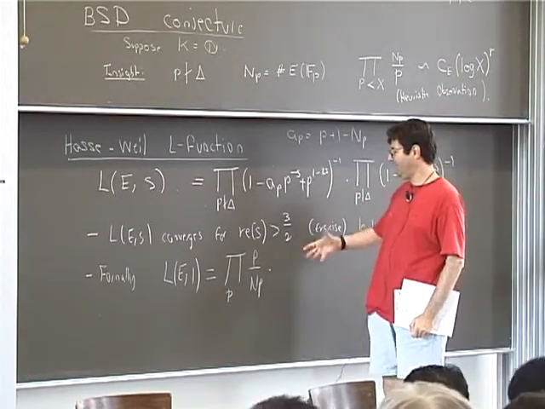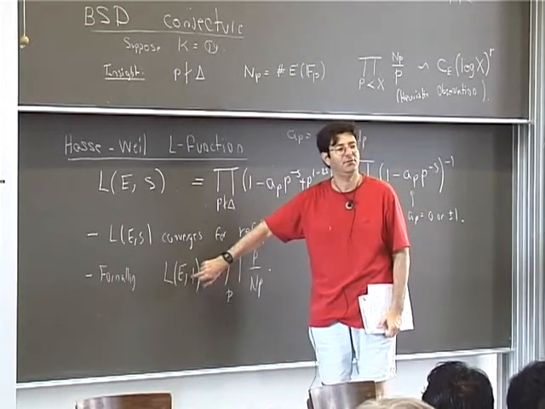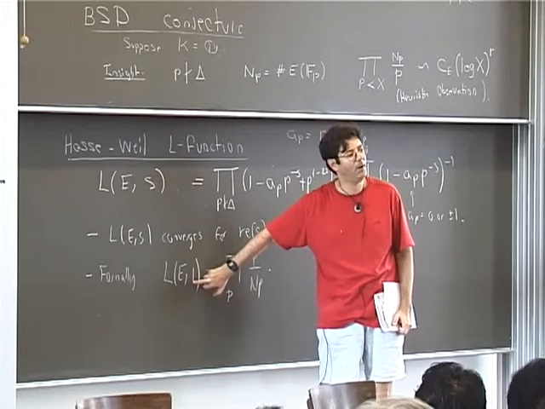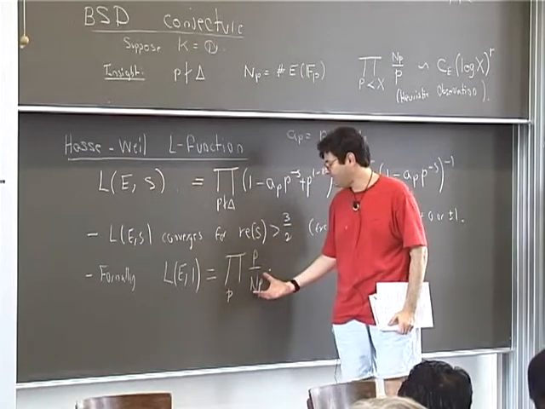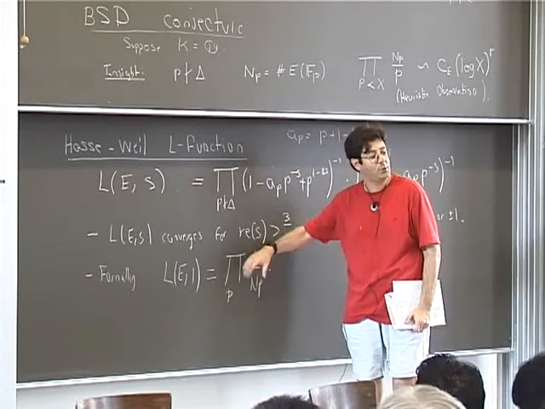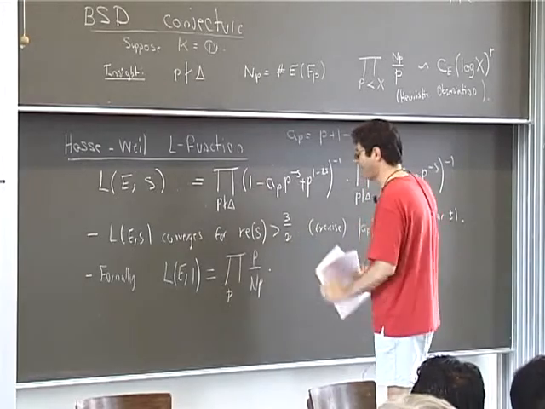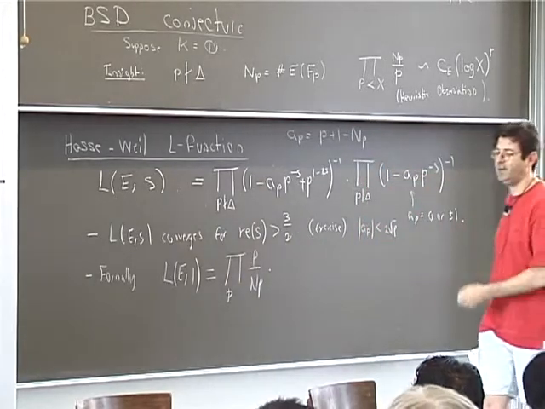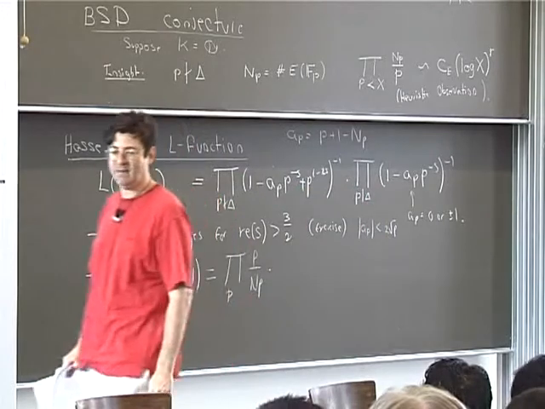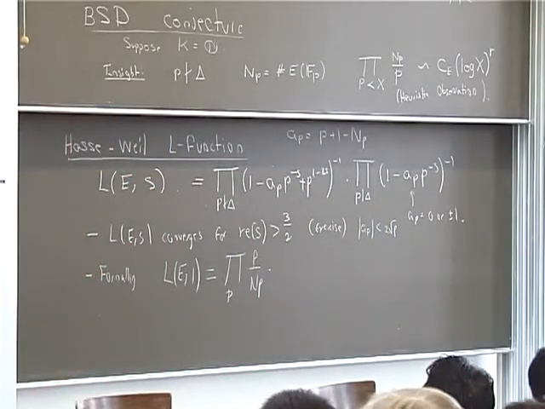So the idea is that you postulate that the behavior of this L function at s equals 1 reflects something about the asymptotics of the growth of the corresponding partial products. And that's what motivates, with the help of some hindsight, the Birch and Swinnerton-Dyer conjecture, as I'm going to state it now.